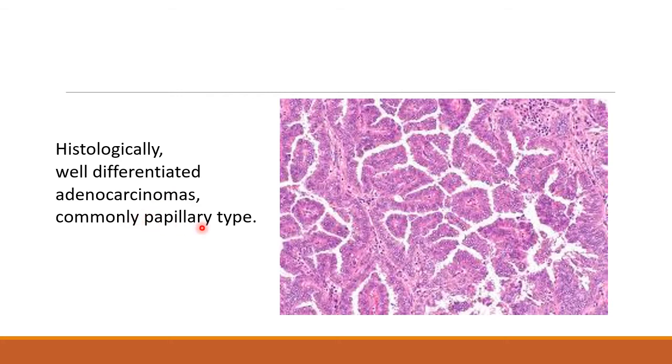Papillary means there are finger-like projections of papillae that contain a central fibrovascular core, lined by carcinomatous cells in the periphery. So this type is basically well differentiated adenocarcinoma, papillary type.